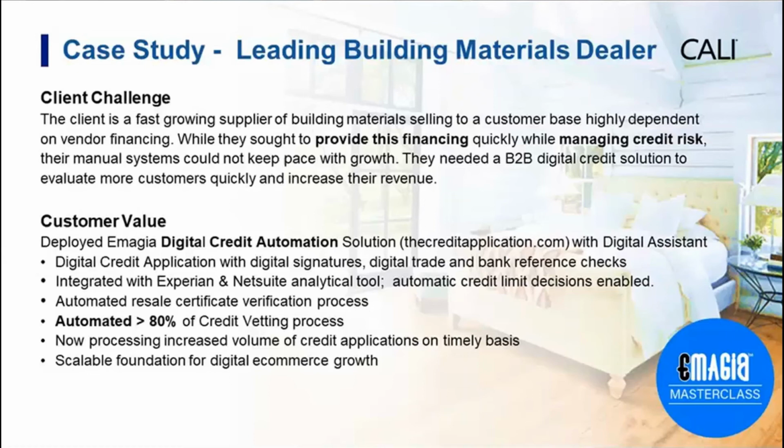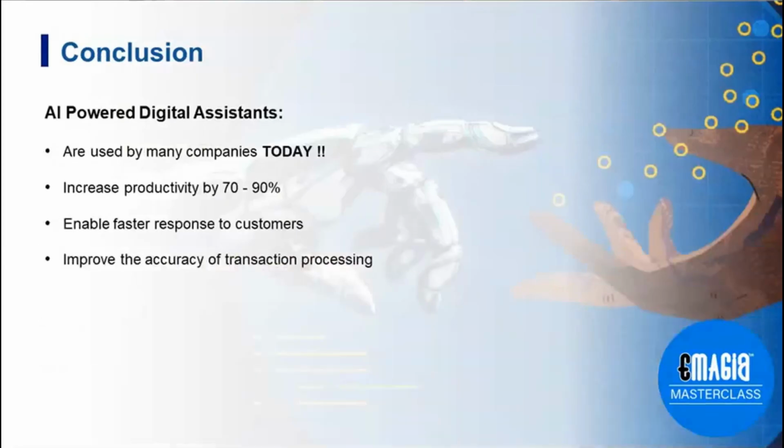A couple of other things are very important: they automated the resale certificate verification process, and automated about 80% of the process. Result, they're able to handle the increased volume of credit applications in a much faster manner.